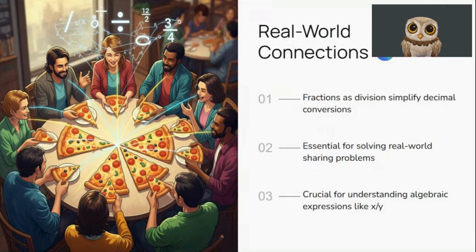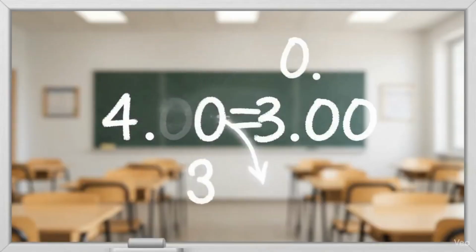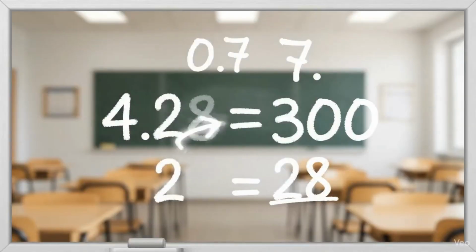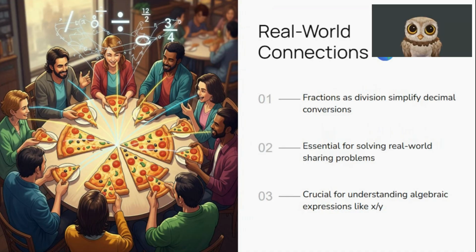Now let's take a deeper look at those real world connections. First, this idea is key for decimal conversion. To turn 3/4 into a decimal, which we'll learn in the next video, you just perform the division 3 divided by 4. It's also essential for solving everyday sharing problems.